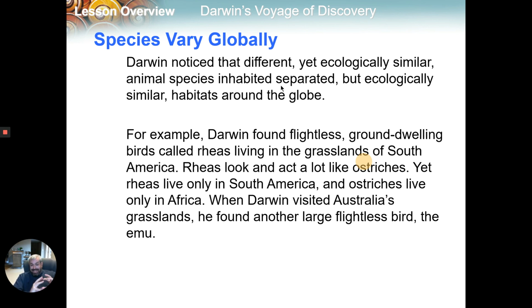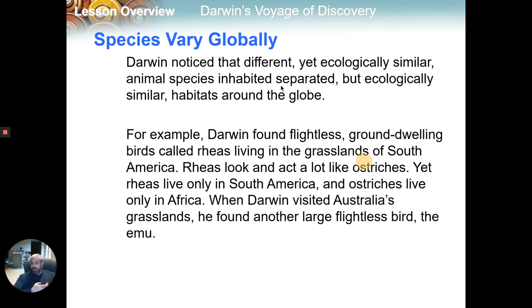However, the type of area that they lived in was similar. And what we found out, and what we're beginning to find out because of that, is we have similar organisms on the planet that look very, very similar, even though they don't have a common ancestor.